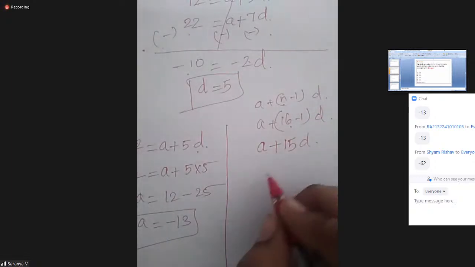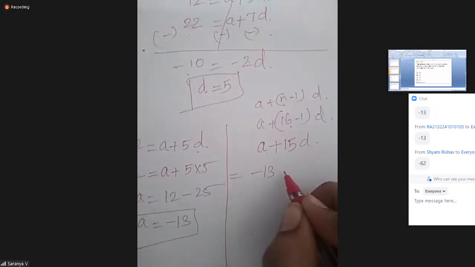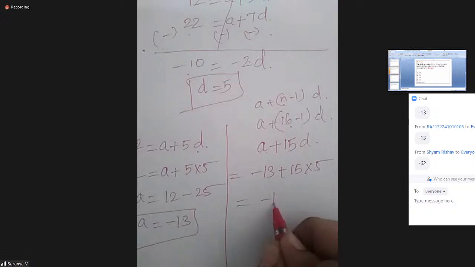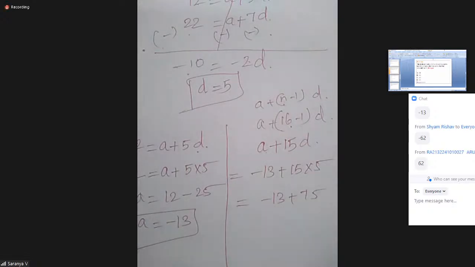Okay, what is a? Minus 13, 15 and 5. So minus 13 plus 75, I think so. Find it. Right answer.